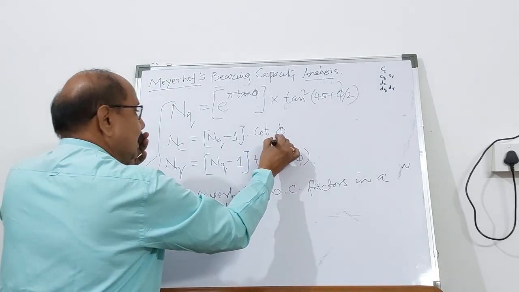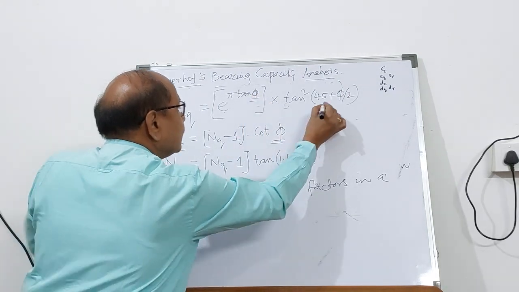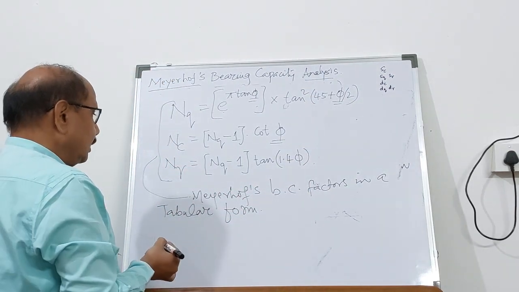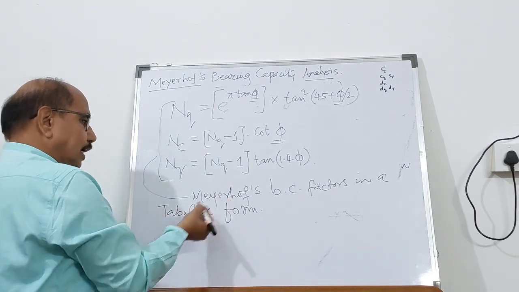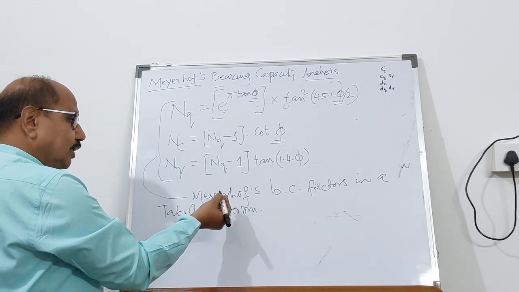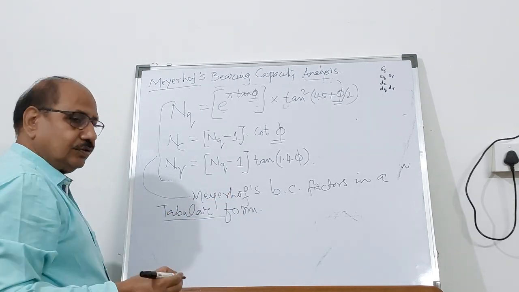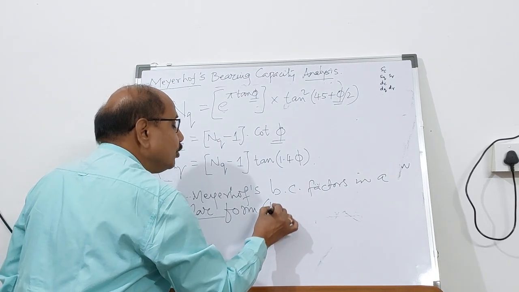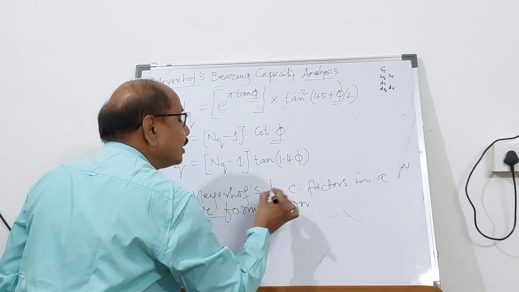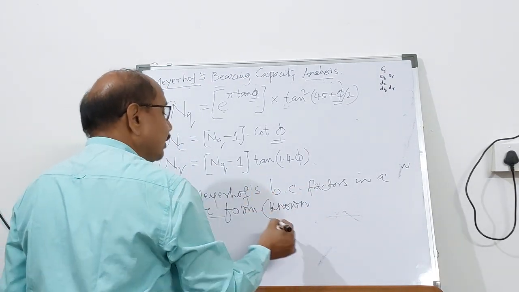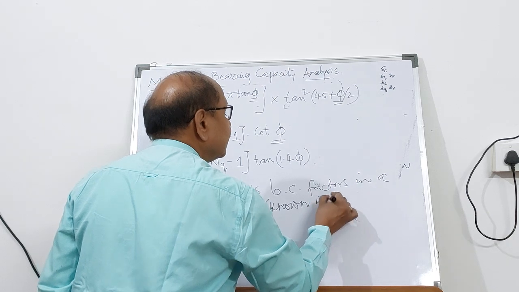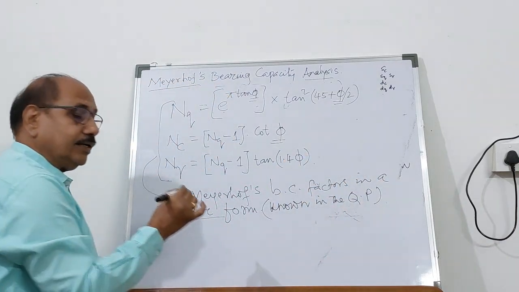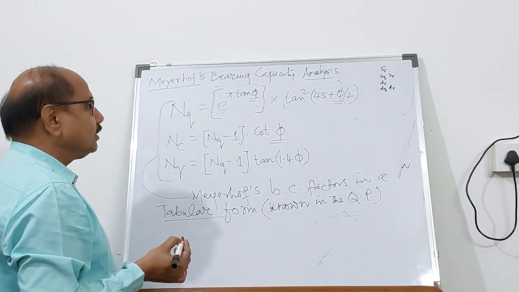As you can see, these are all functions of phi, so you can get them from the table given by Meyerhof, and it will be supplied to you in the examination for the given phi value. So you need not worry about it.